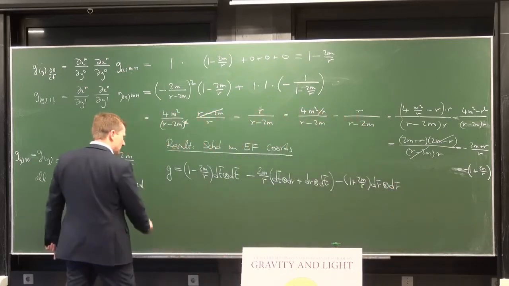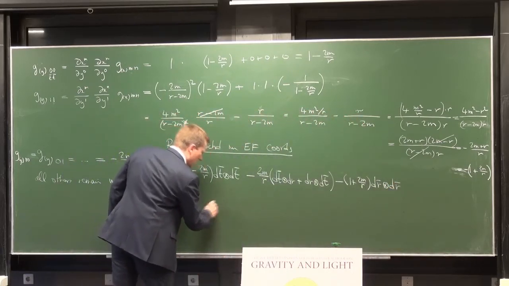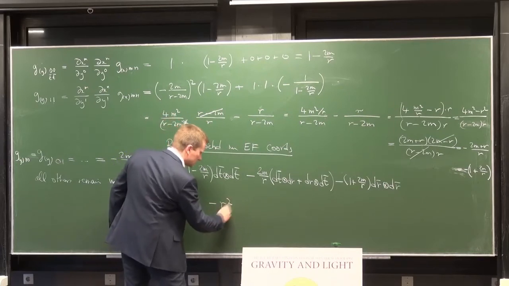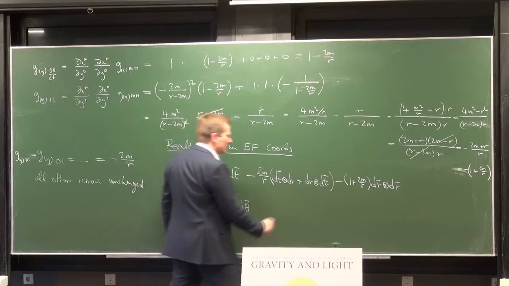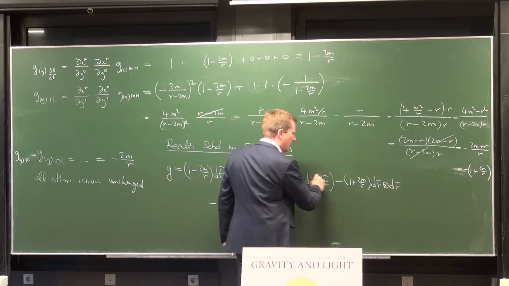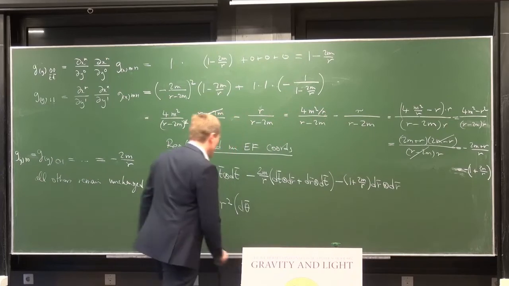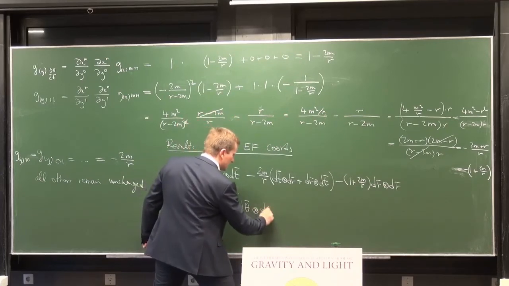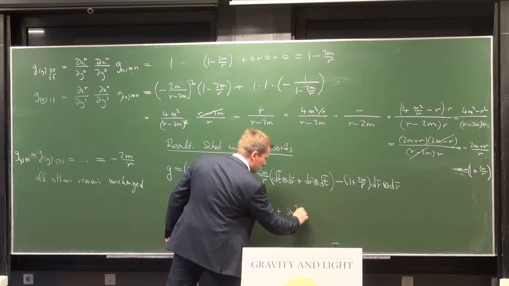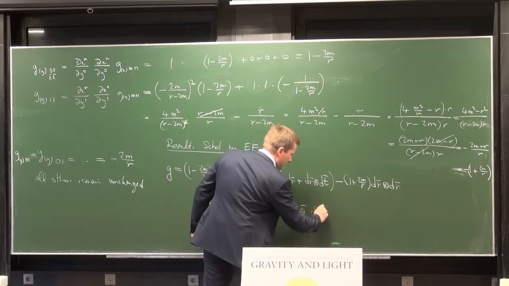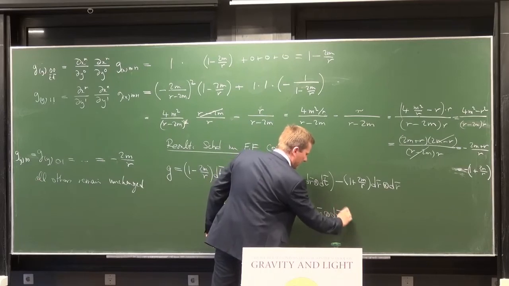It continues, but what continues is the old stuff. Minus r squared of the theta bar. Well, strictly speaking, I have to call it r bar, right? So d theta bar tensor d theta bar plus sine squared theta bar d phi bar tensor d phi bar.